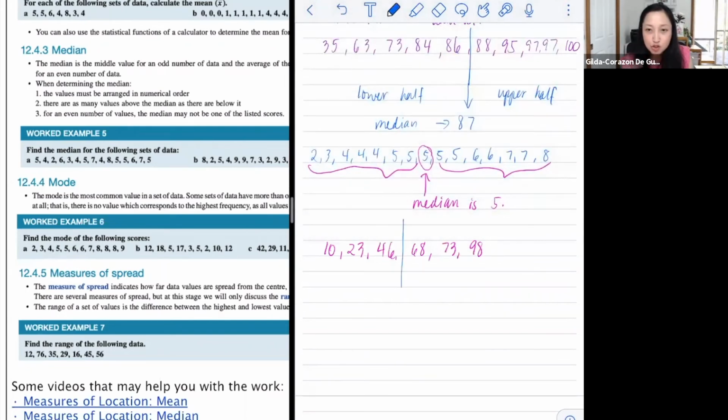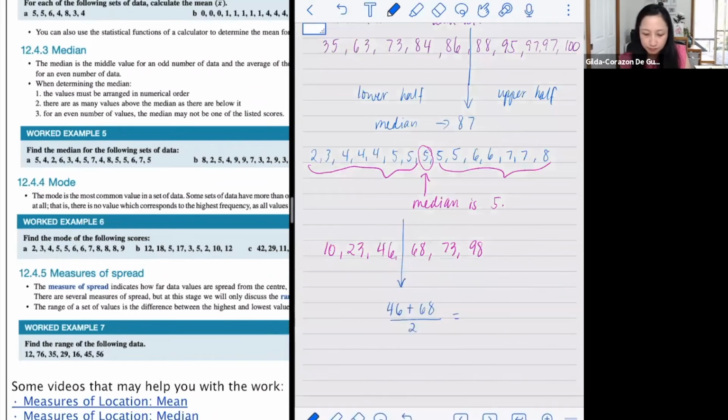We now have 2 middles, 46 and 68. I won't be able to visually figure out the middle of that, so what you need to do is get the mean of those 2 values. If you add them and then divide by 2, you will get the middle.